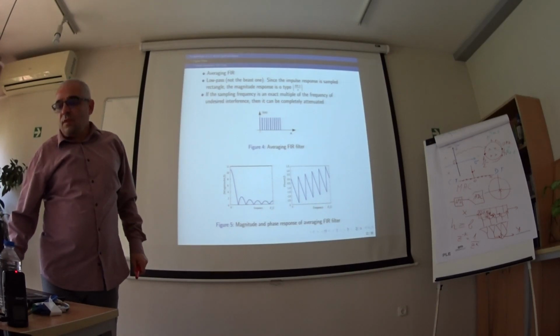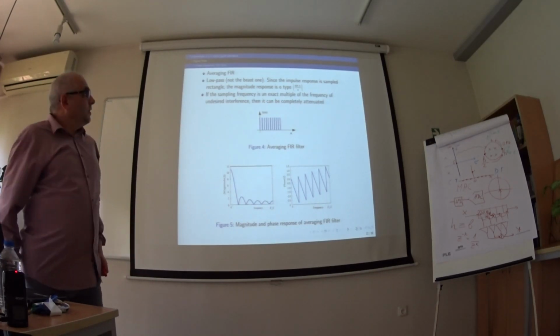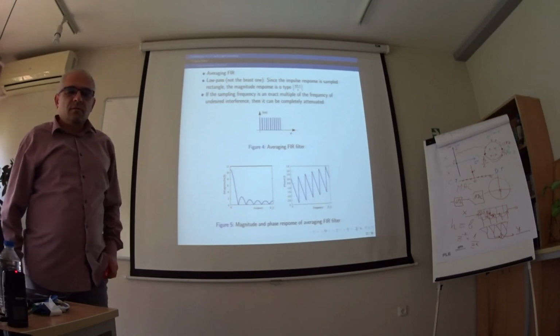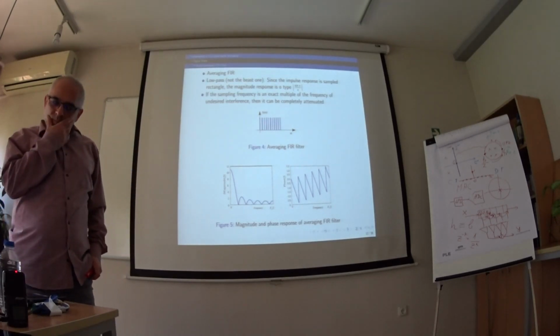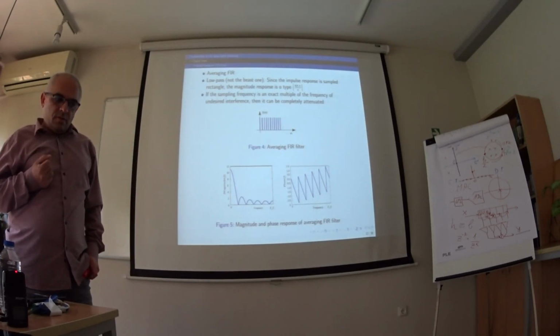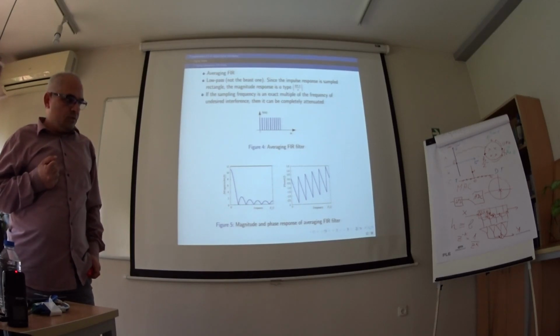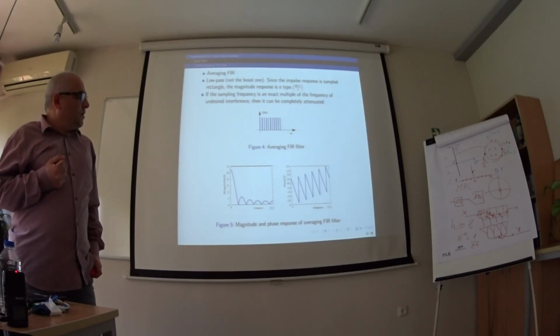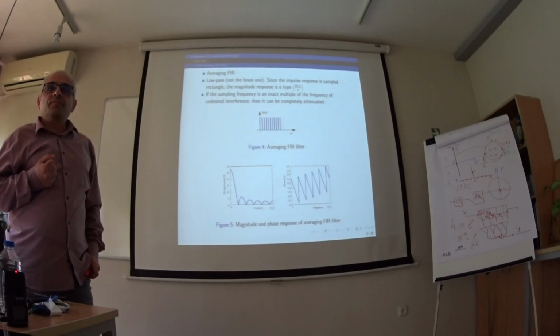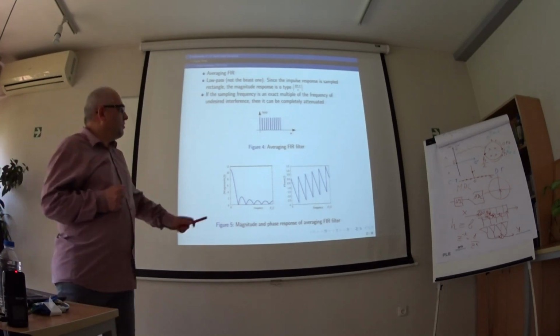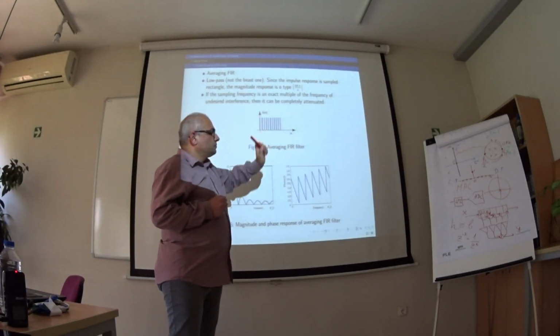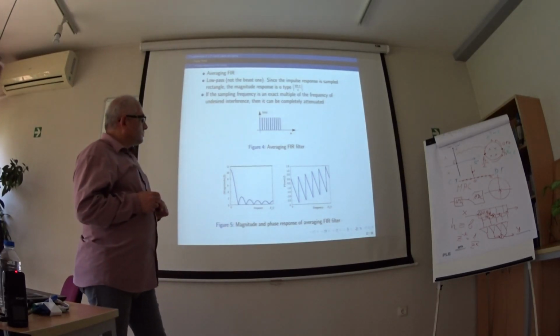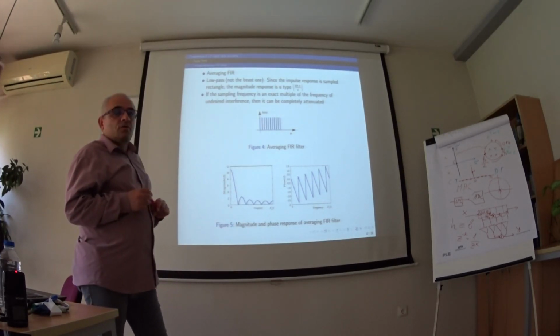Now, the next type of filter is the averaging filter. We can achieve the average of our digital signal if our filter has equal coefficients. This is a moving average.